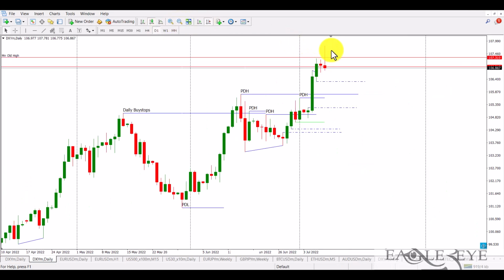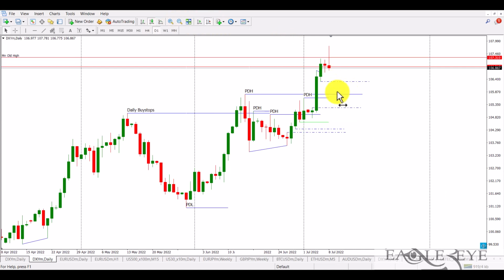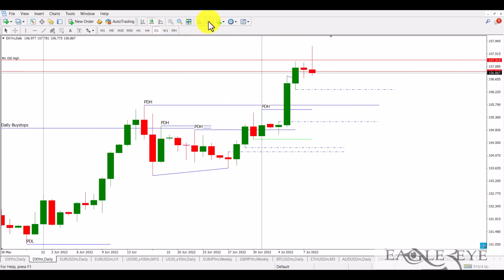But before then, heading back into MT4, before that I'm expecting a retracement back into this particular area, and then from there we target this high.